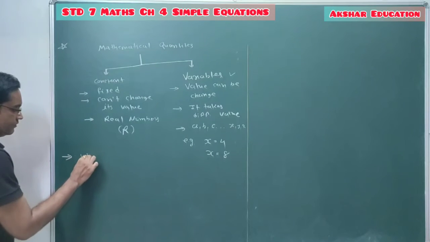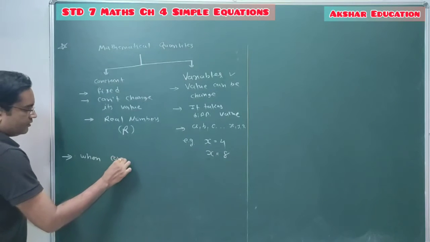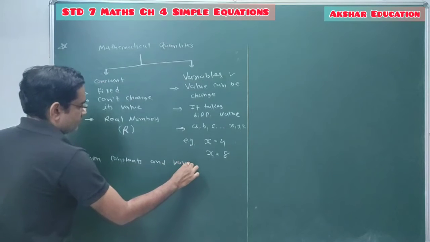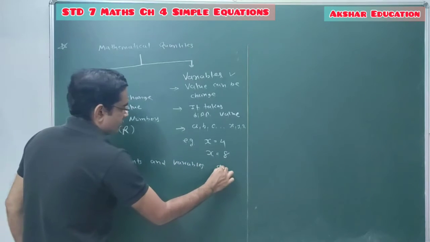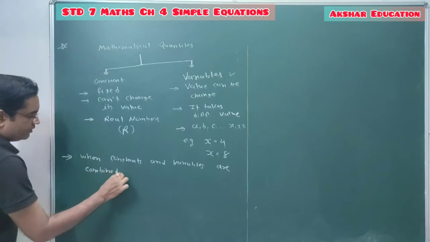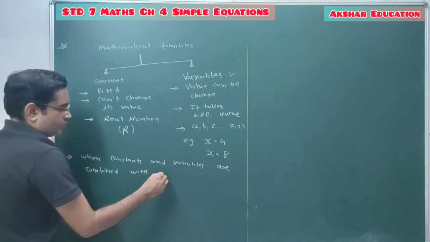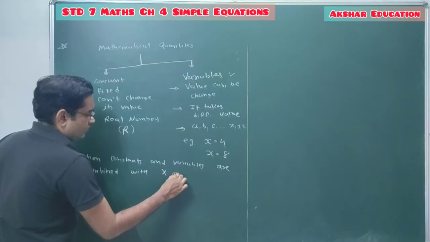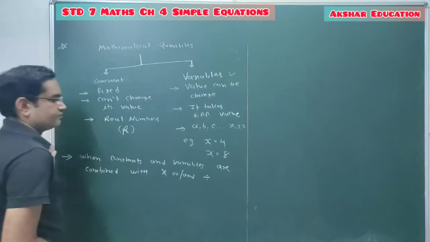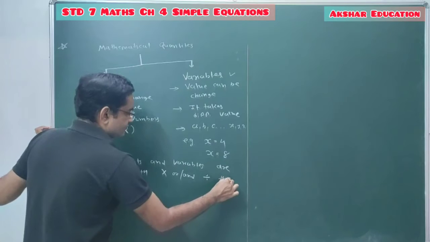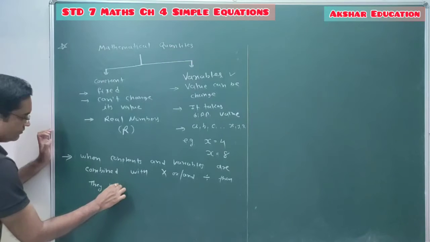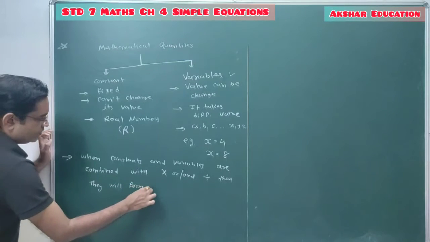So when constants and variables are combined with the multiplication or division sign, then they will form a term.